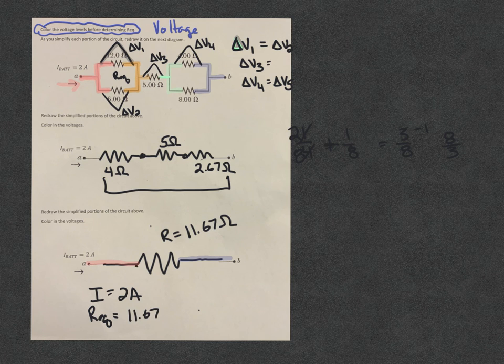So if I wanted to know the voltage drop for the whole circuit, for this equivalent resistance, I would simply say V equals I times R, 2 times 11.67 is 23.34. So my delta voltage for my entire circuit is 23.34 volts.